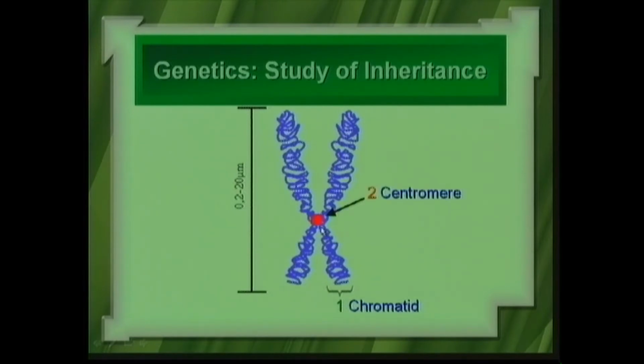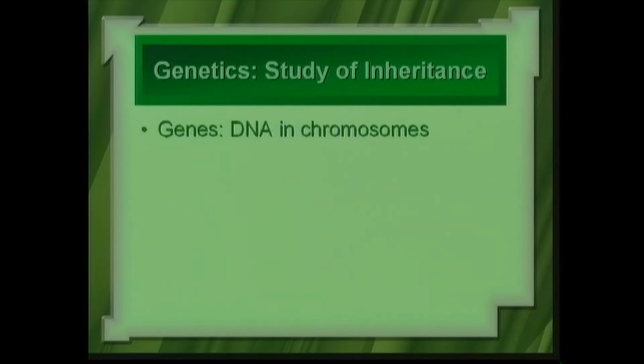Secondly, you also have the part where the two chromatids are joined together, the two sister chromatids being genetically identical, and they're joined together at a part called the centromere. In this chromosome, you have a short arm, and you also have a long arm of the chromosome. So this is a typical chromosome when it's ready to undergo either mitosis or meiosis.